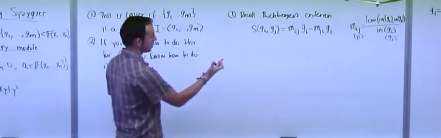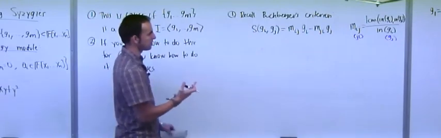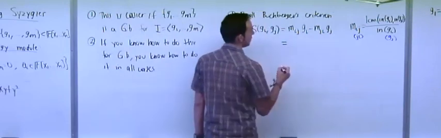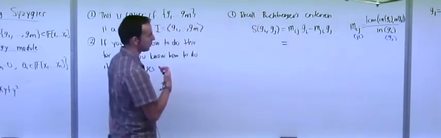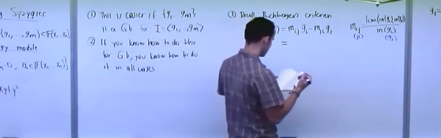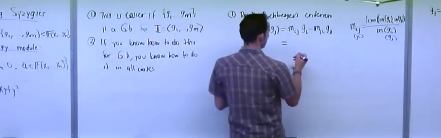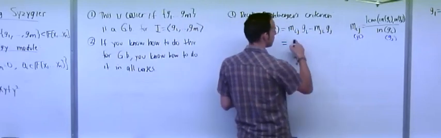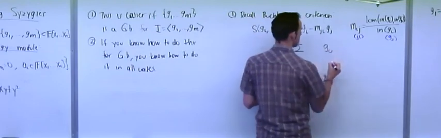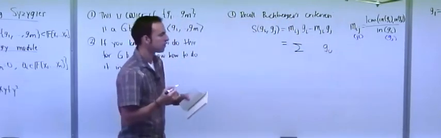And Buchberger's criterion tells us that if you have a Gröbner basis, then when you take this guy and you do long division by your polynomials g, then you get 0. In other words, when you do long division, you get some combination of the g_u with some polynomials here.